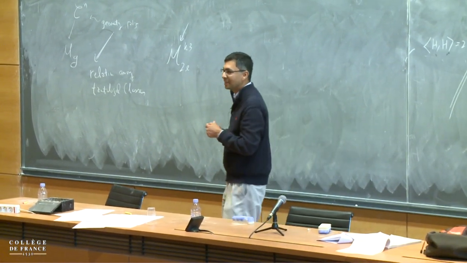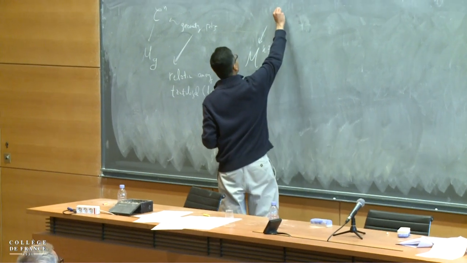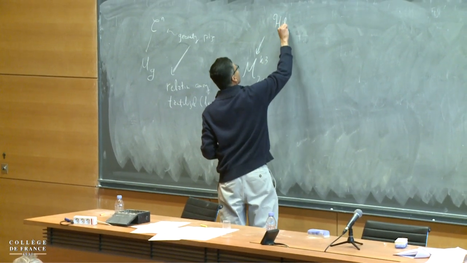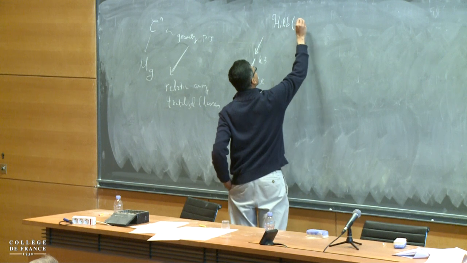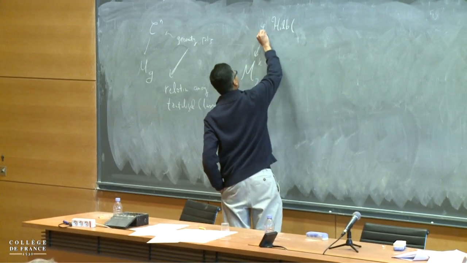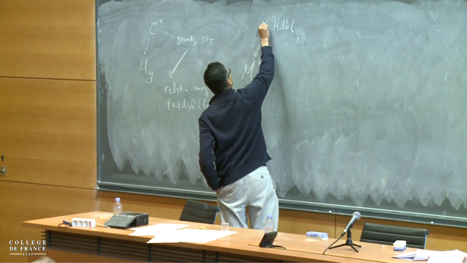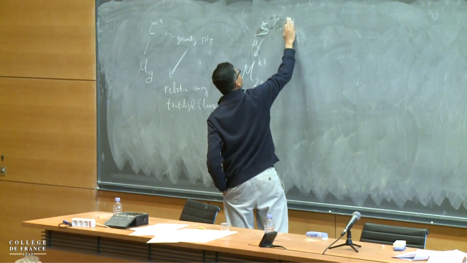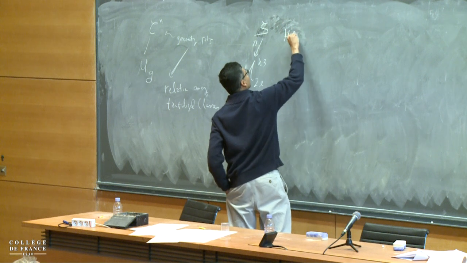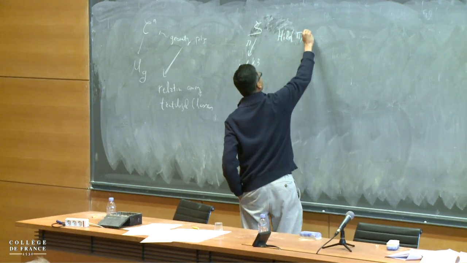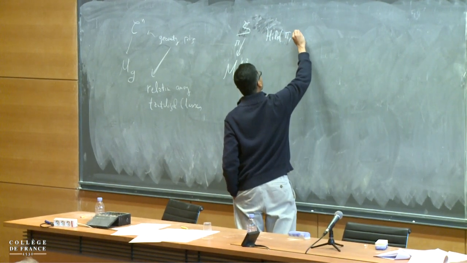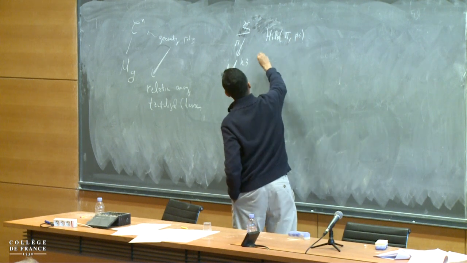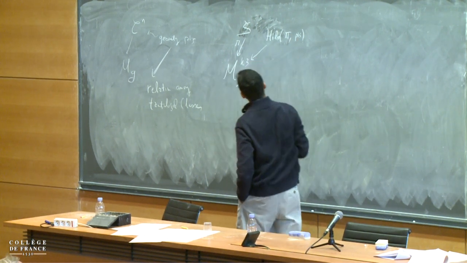The natural thing here is the Hilbert scheme of points. So this is S, that's pi, and I write the relative Hilbert scheme of points. So this gives me some map here.